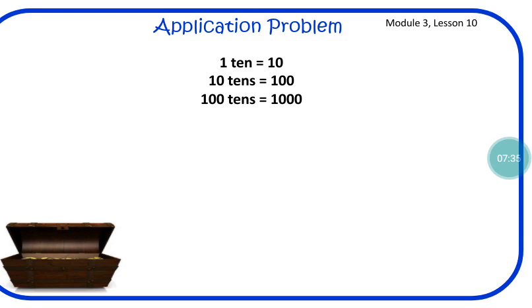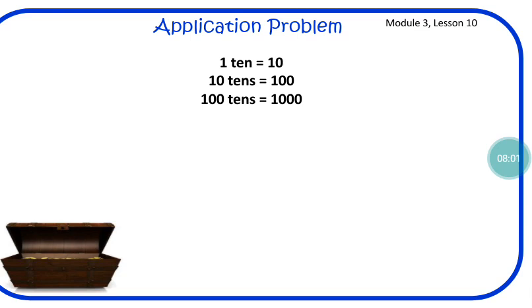Very good. So since Jerry has 1,000, what is 1,000 in our ten-way count? Look at what I solved here. 1 ten is equal to 10. 10 tens will now be what? 100.